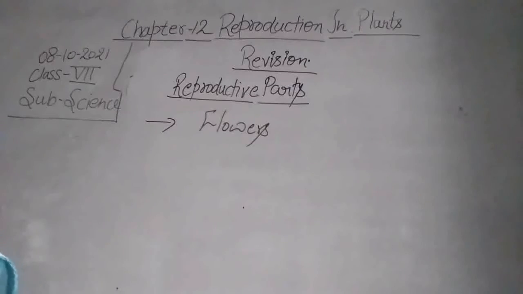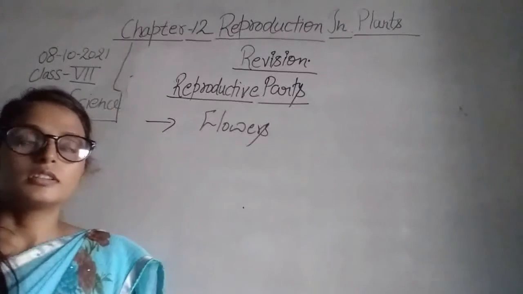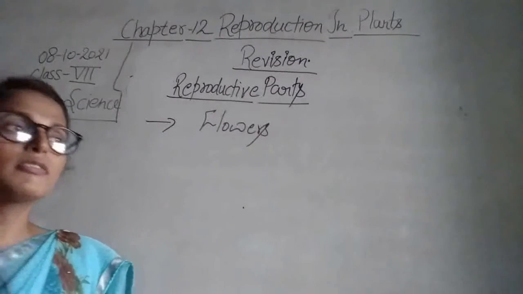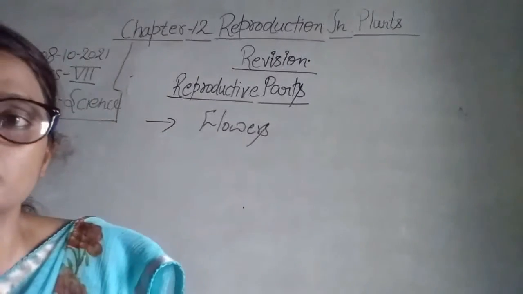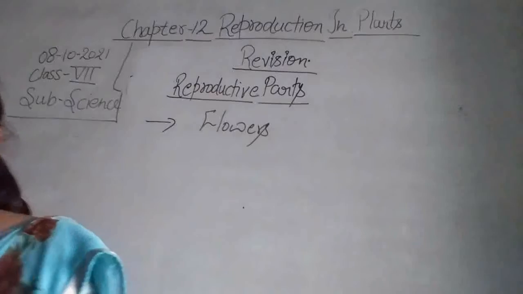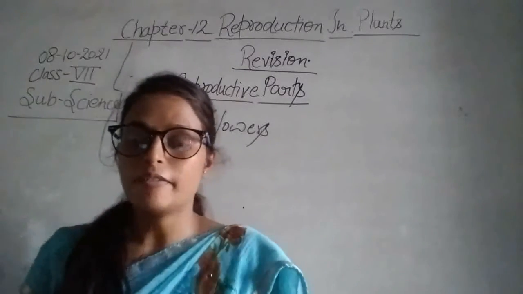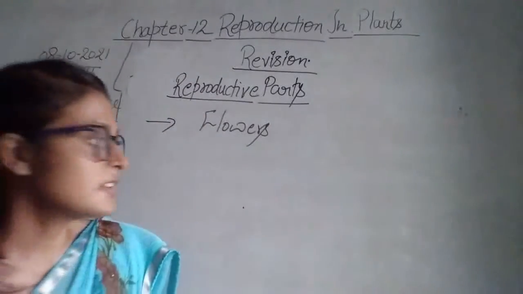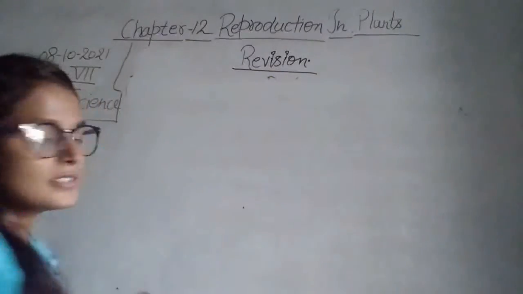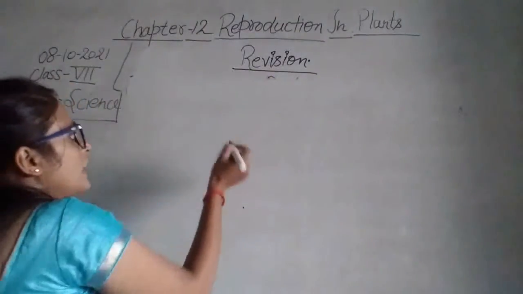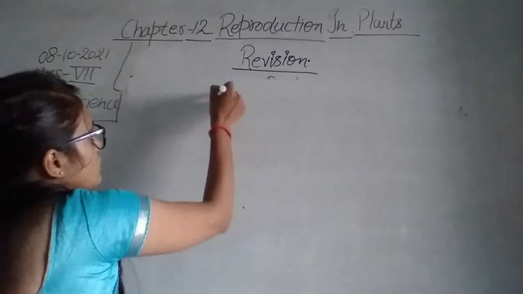Now next is modes of reproduction. These are divided into two parts. Previously we discussed modes of reproduction, that is sexual reproduction and asexual reproduction.